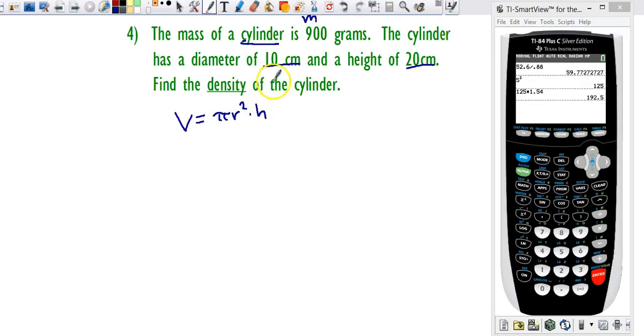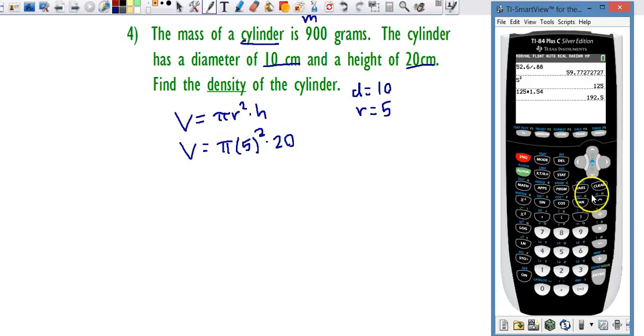R, we don't have r, we have the diameter. So if the diameter is 10, the radius is going to be half. That's going to be 5. And we have the height, so we'll plug that into our formula. Pi times 5 squared times 20. And let's see what that comes out to be.